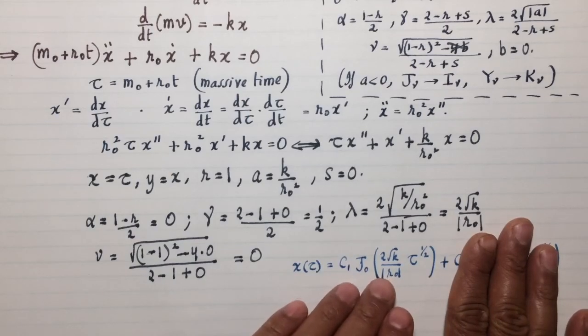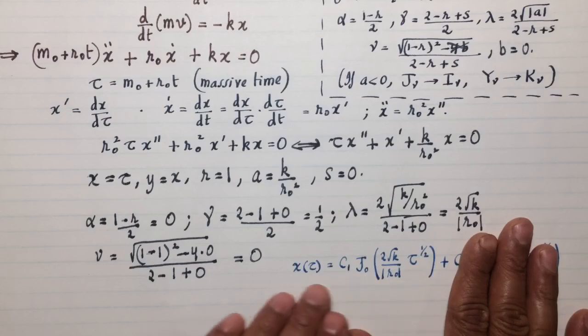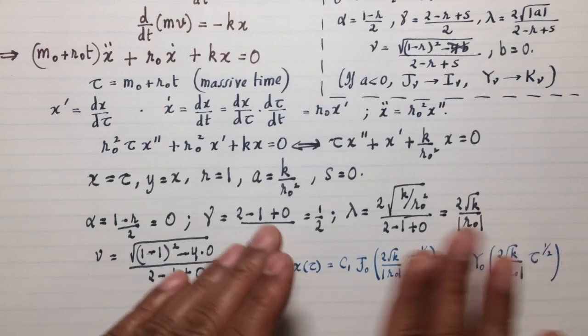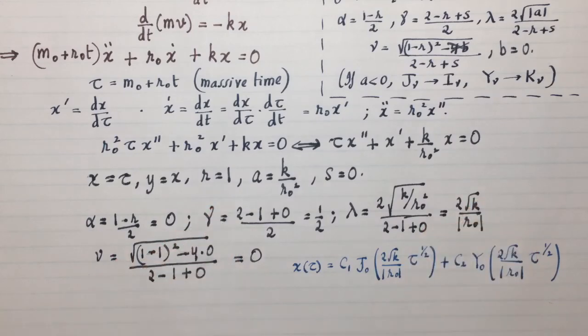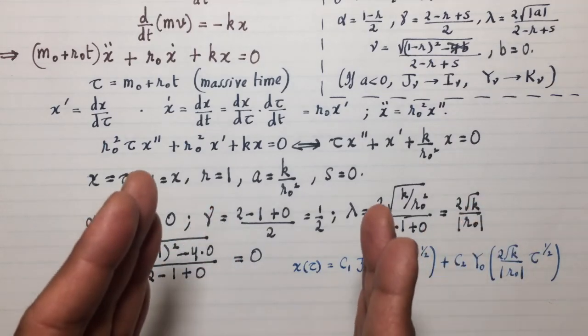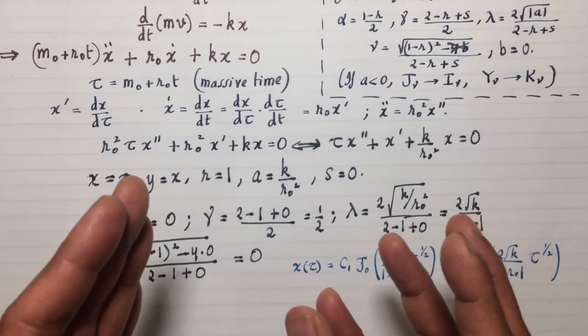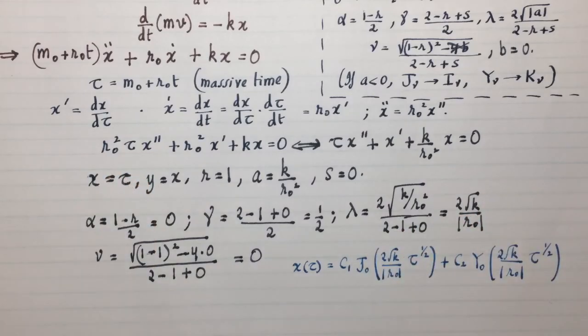That makes sense, because as time becomes large, it makes sense that x of t stops evolving. The spring just stays there completely stretched out or at equilibrium position, because the mass attached to it is gone, it's disappeared. So that seems to make sense. Anyhow, that's the solution to this variable mass problem.